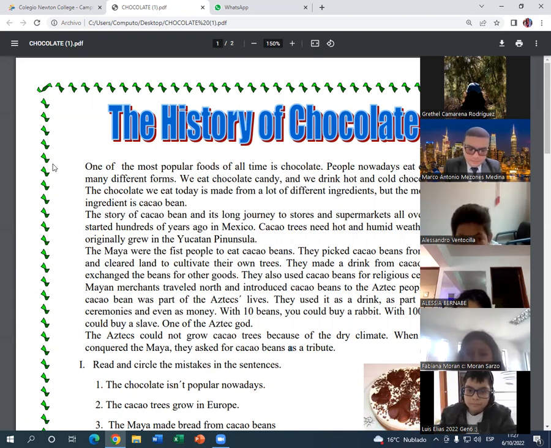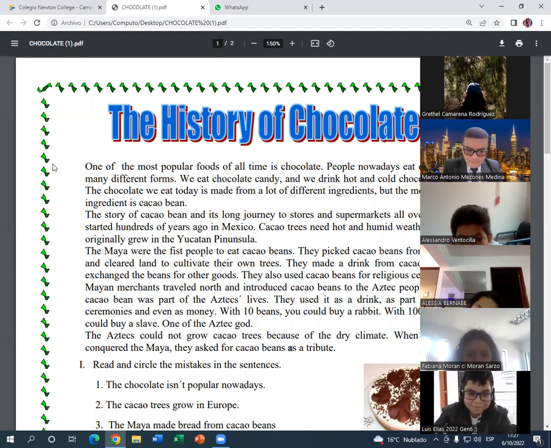They picked cacao beans from wild trees and cleared land to cultivate their own trees. They made a drink from cacao beans and exchanged the beans for other goods. They also used cacao beans for religious ceremonies.